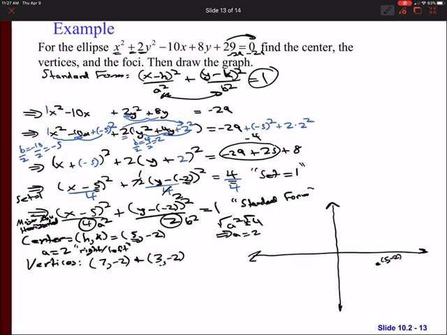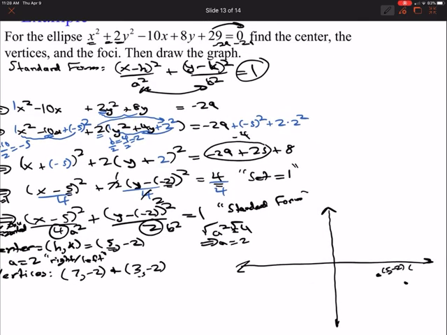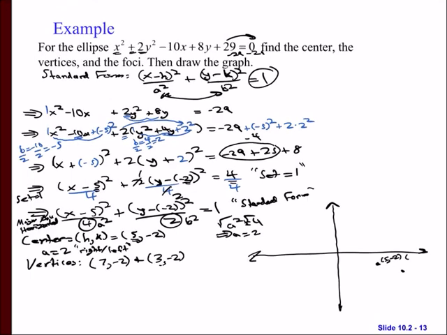If I go right 2 units, I'll be right here at (7, negative 2). And I go left 2 units, I'd be over here at (3, negative 2). And again, that's enough to sketch in my ellipse. Our ellipse is stretched out horizontally along the x-axis. Again, that's that value of a. A was 2 units.